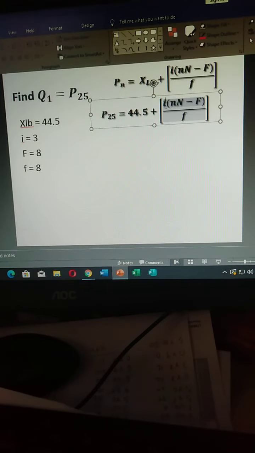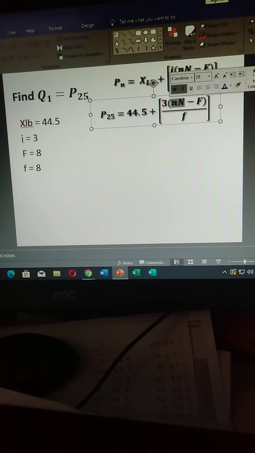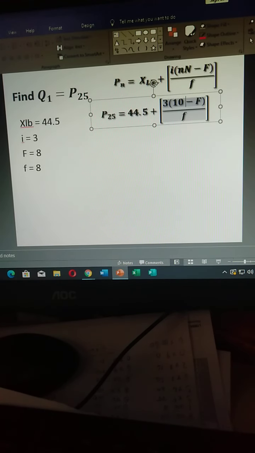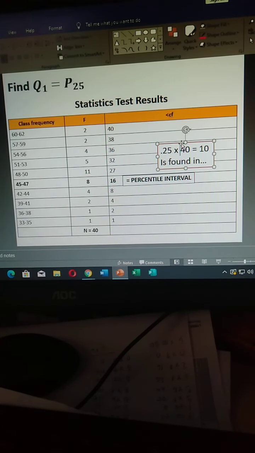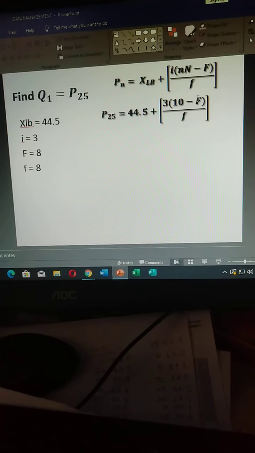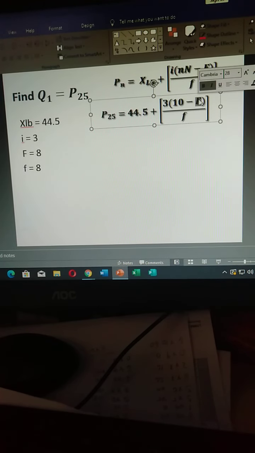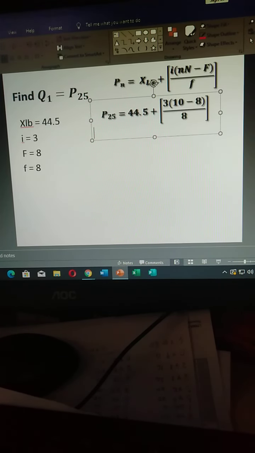Ilan yung intervals natin? 3. Ilan yung n times n natin? 10. Okay? Saan nakuha yan? Dito. Ilan yung cumulative frequency before the percentile interval? It's 8. At ilan yung frequency natin? Correct, 8 pa rin. O, 8. And then, we can now solve. We can easily solve that one.